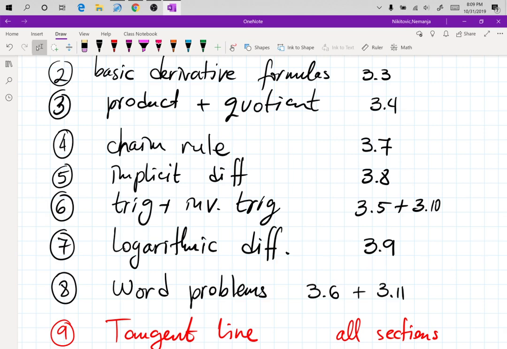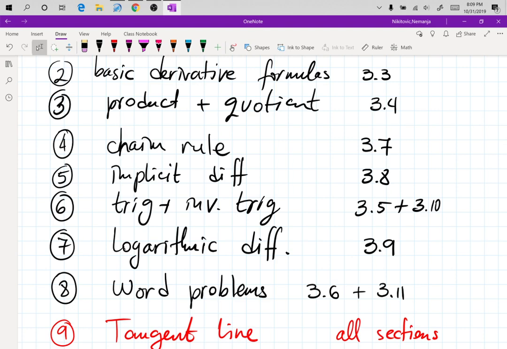You can do the tangent line on the product rule, on the quotient rule, on logarithmic differentiation. So there are many opportunities for you guys to take different types of derivatives to find the tangent line at the end.